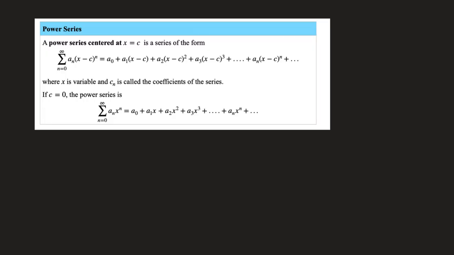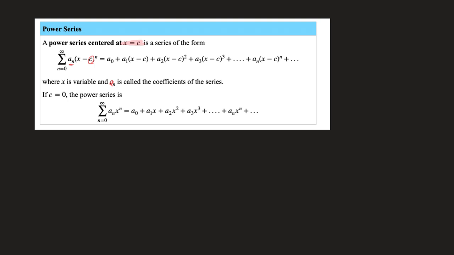Here is the formal definition of a power series. When you see a power series, you have to identify a couple of things. The first thing is: what is the center? The center is x equals c, and a_n is the coefficient.